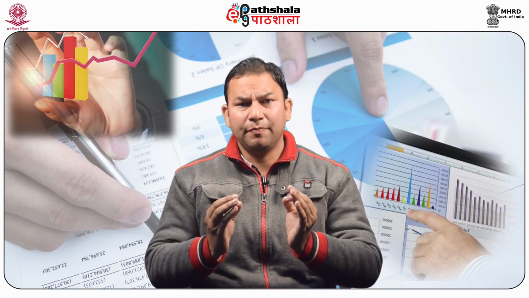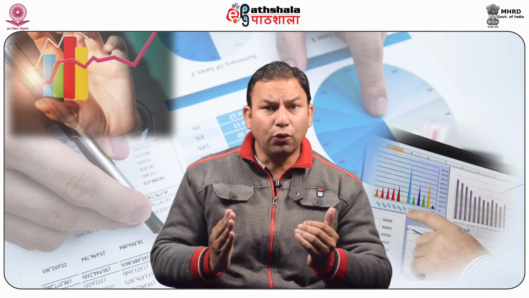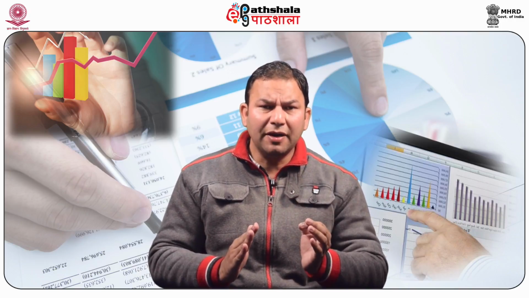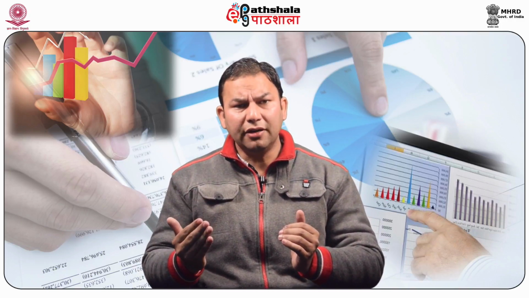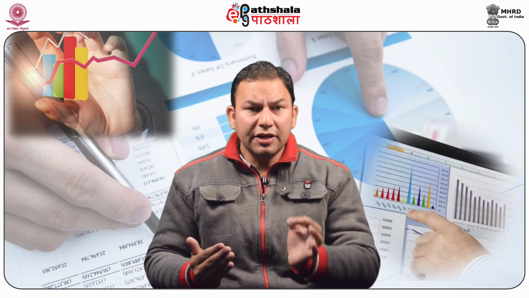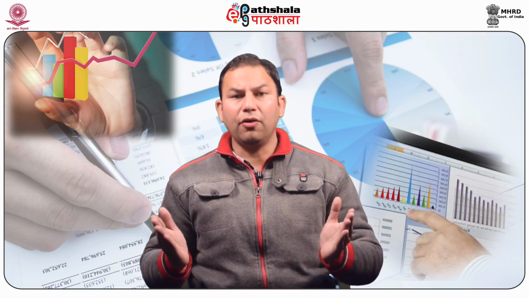Now, a trial balance is a statement, not an account. It is prepared either from the totals or balances of the various accounts in the ledger. It is generally prepared at the end of the accounting year when final accounts are to be prepared. It is a connecting link between the various accounts of the ledger and final accounts.